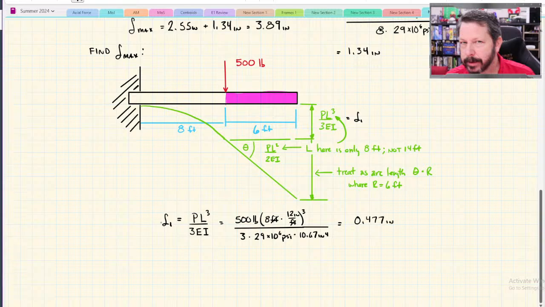Okay. That's just this amount of deflection though. We need to add in this amount of deflection. So that amount we decided is going to be this arc length over here. So we're just going to take theta, PL squared over 2EI, and multiply that by R, where R is 6 feet. And we'll just call this one delta 2.